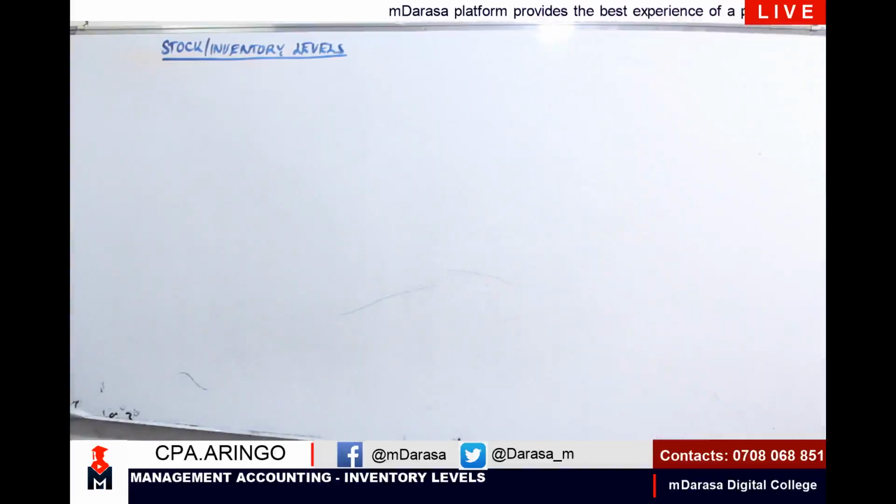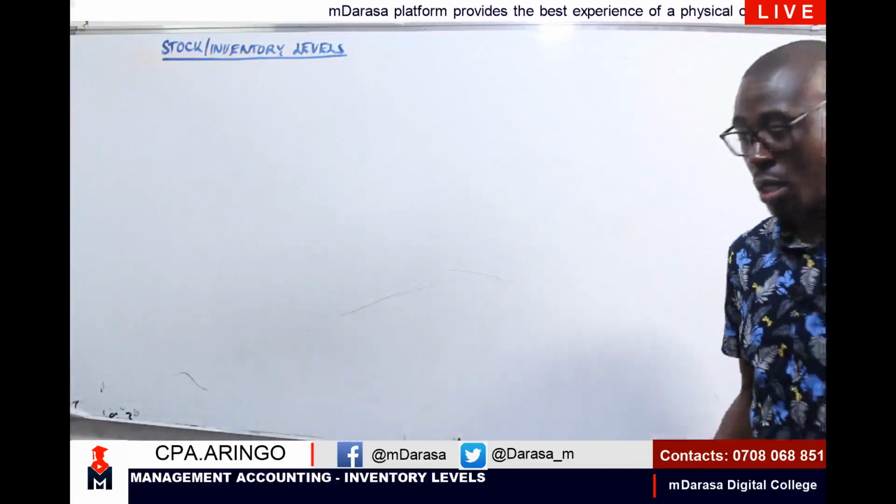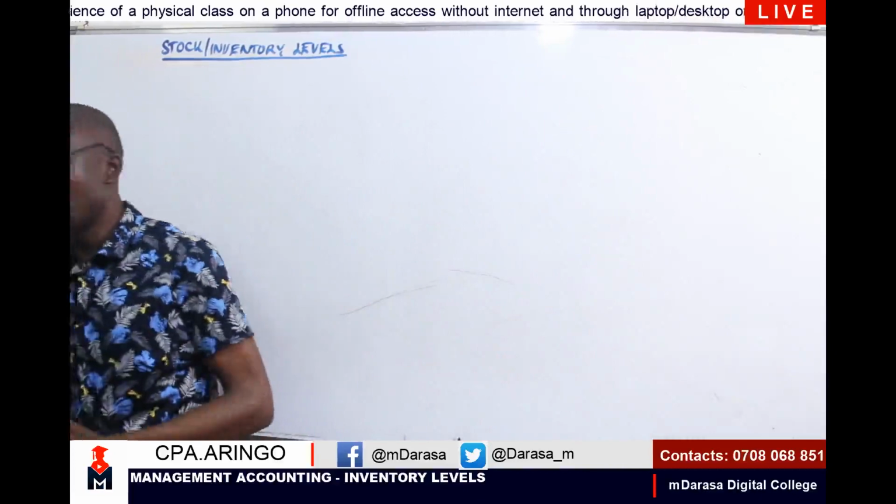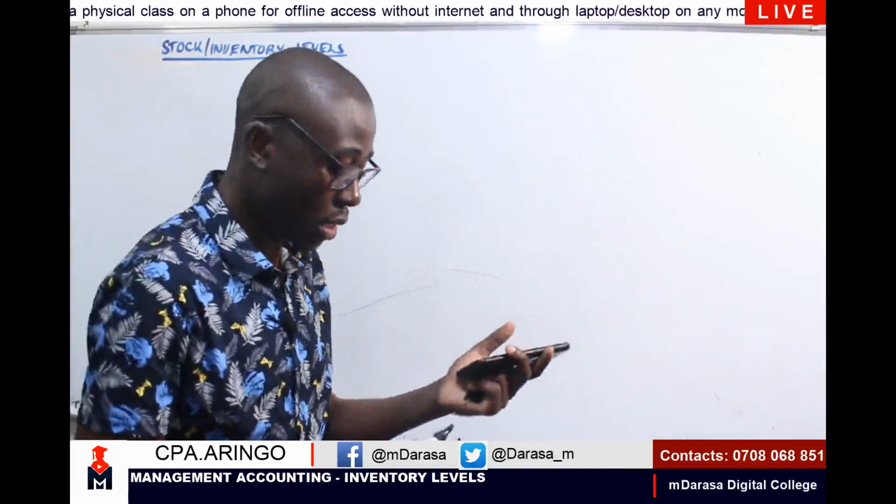So you'll find that at this point, there are some levels of inventory that organizations should or will always tend to maintain. These are the inventory levels that I want us to discuss in our class today, the inventory levels that organizations should or will maintain at any given point in time in their operations.